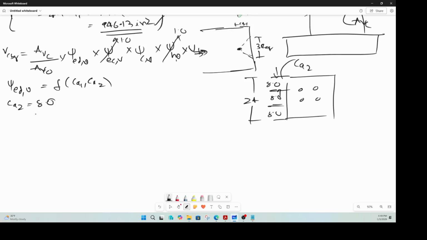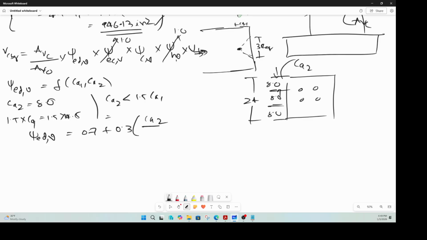So 8.0, whereas 1.5 times CA1 is 1.5 times 14.5, which implies CA2 is less than 1.5 times CA1. When that happens, the code says your CED,V value is nothing but 0.7 plus 0.3 times your CA2 by your 1.5 times CA1, right?